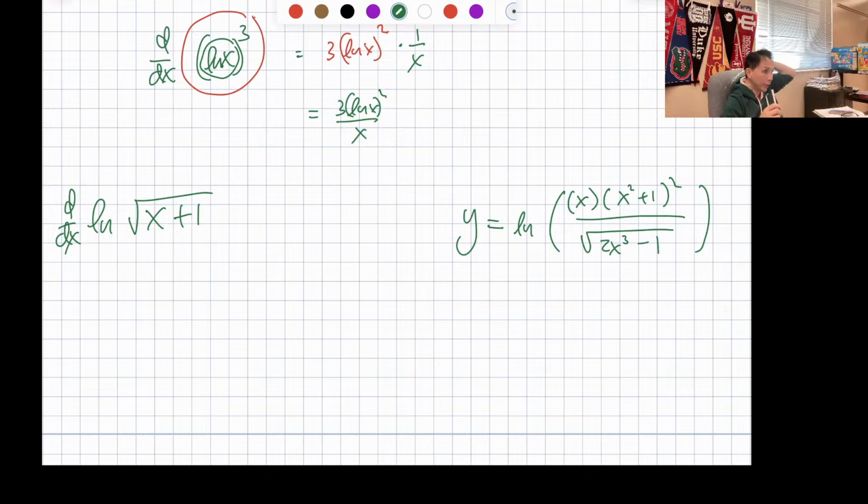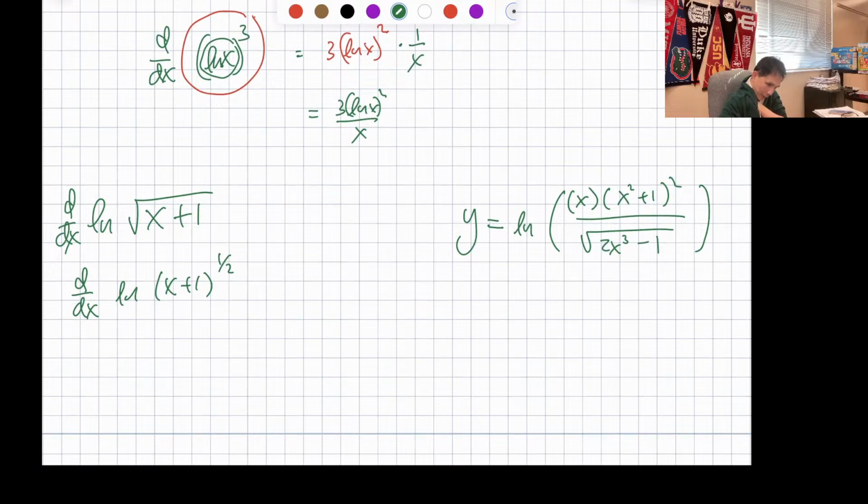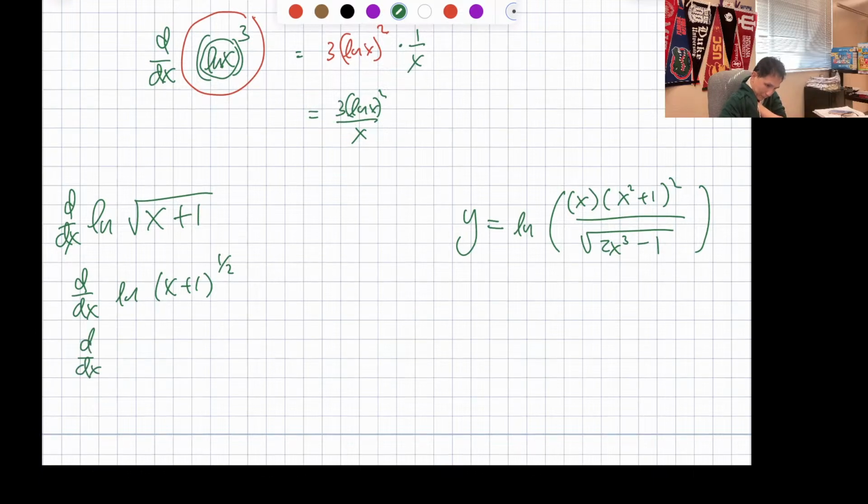Okay, so here, if you think algebra first, then I haven't taken a derivative. I just focus on algebra, so that's going to be x plus 1 to the 1/2, right? Can I put it in the front? Did I take a derivative yet? No. So do you see this 1/2 can be moved outside?